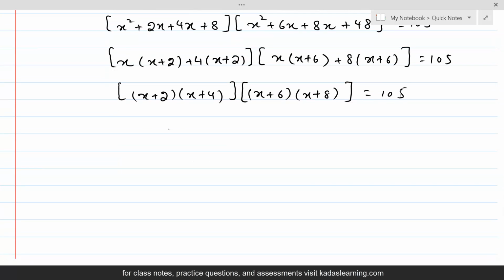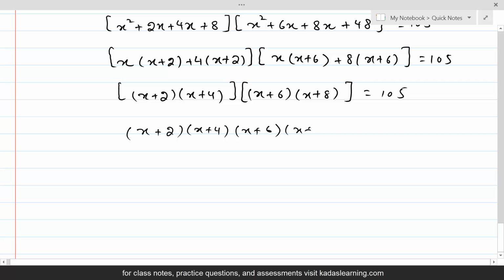And now we have four factors: (x + 2)(x + 4)(x + 6)(x + 8) equal to 105.